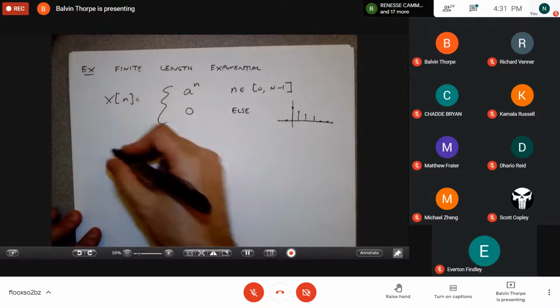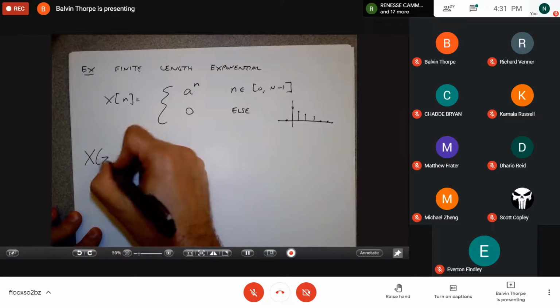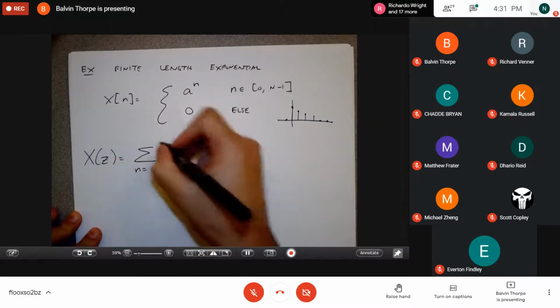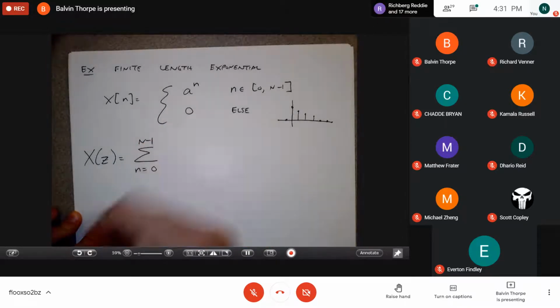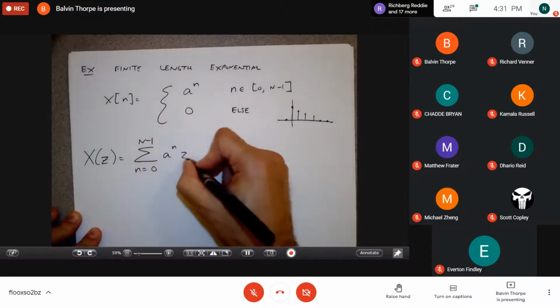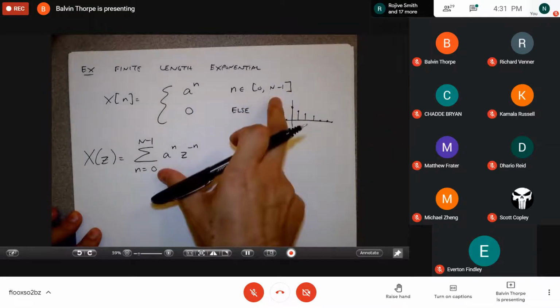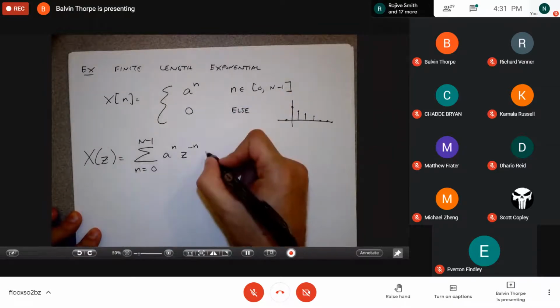And so what is my X of z going to be? Well, I'm going to have this guy, a to the n, z to the minus n, right? So here I've kind of just noticed that this sum can only be non-zero in these places.